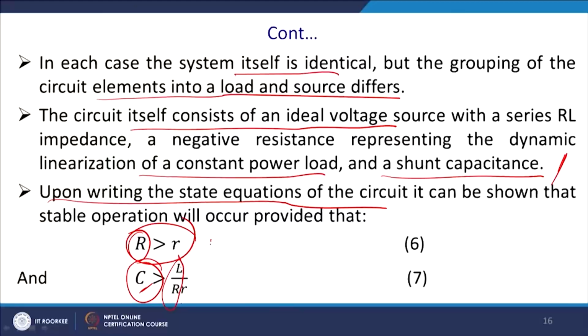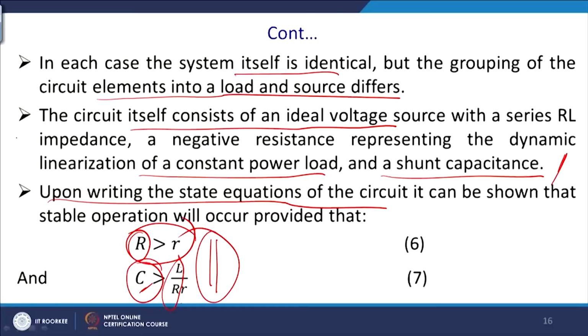But if this condition was not satisfied, then we cannot consider this case to be identical, but grouping of the circuit element into the load and the source will differ.